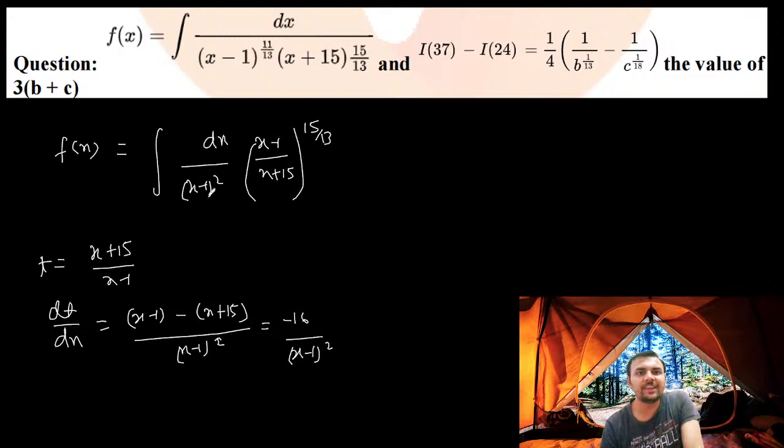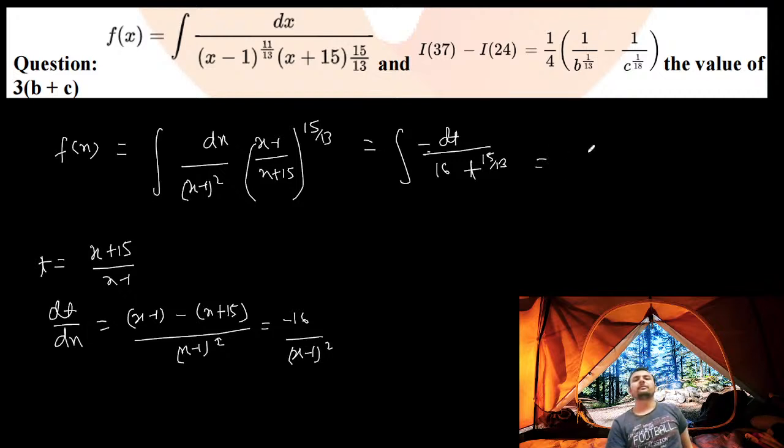So can we say that this is nothing but minus dt by 16, t to the power 15 by 13, and it is nothing but minus 1 by 16 t to the power minus 15 by 13 plus 1, which is t to the power minus 2 by 13.